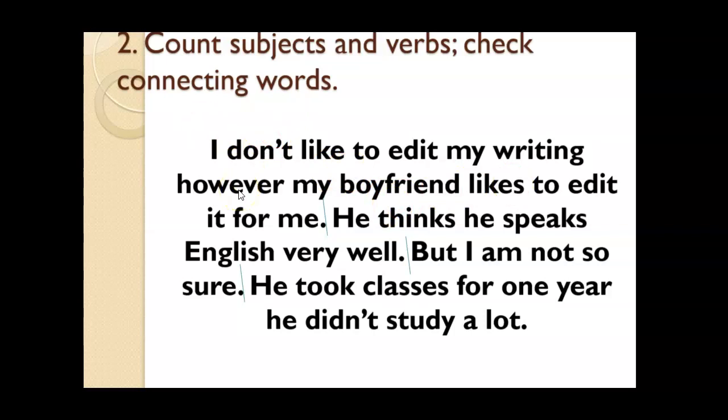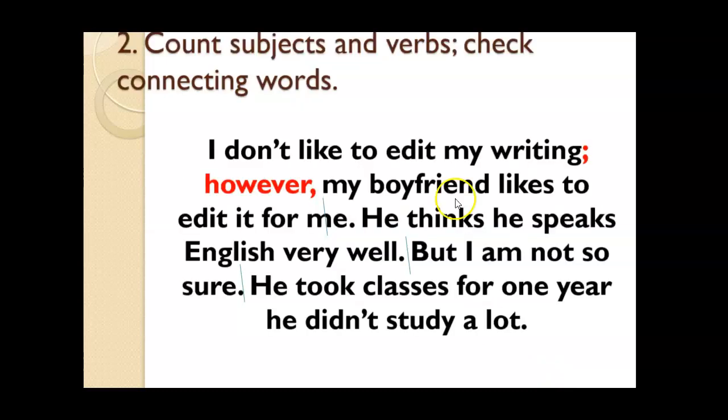But is however punctuated correctly in this sentence? Hopefully, you're able to realize that however is not correctly punctuated in this sentence. It needs to have either a semicolon before and a comma after, or we could change the semicolon to a period, a capital H, and then a comma after. So that helps us fix the sentence structure for the first sentence.